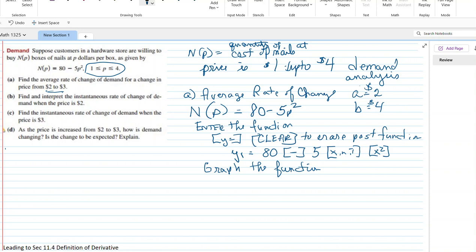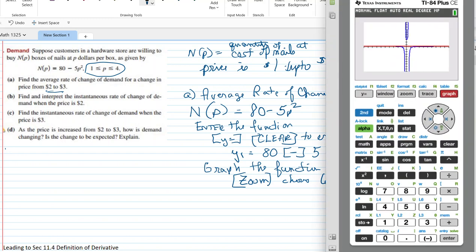Notice that our domain is $1 to $4. We can change the window if you like, but we're going to just do zoom, choose 6, standard, and that means a 10 by 10. Okay, and then we're going to calculate. Let's do that part first.